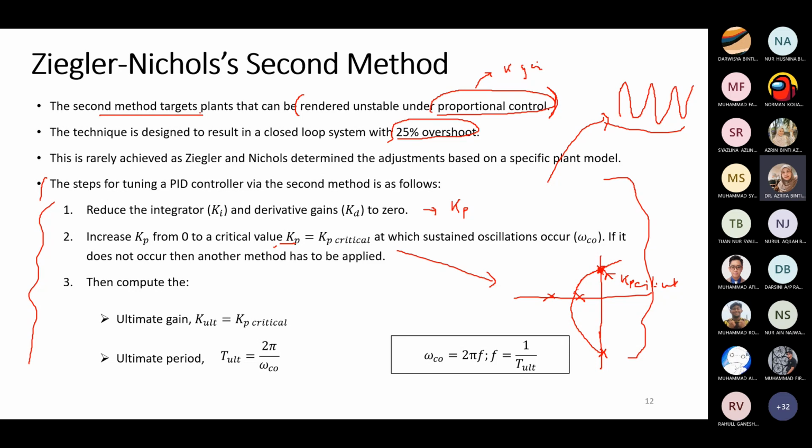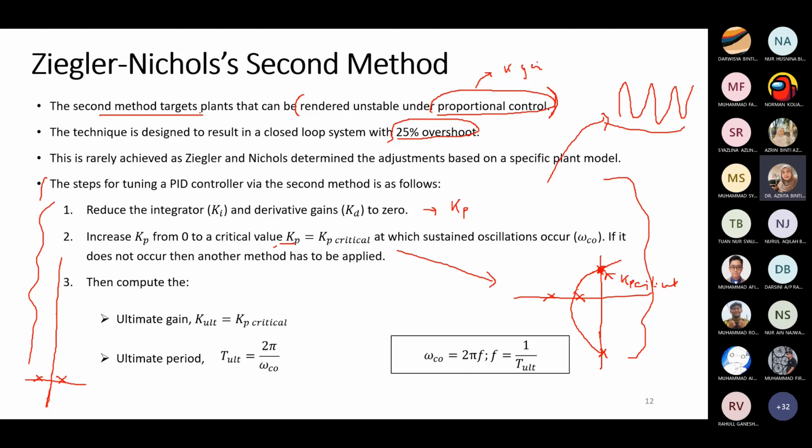So if you have a pure second order system, the root locus will become like this. It goes to infinity. So our closed loop pole didn't cross the imaginary axis for this system. So the Ziegler-Nichols second method is not suitable to design your PID controller. You need to use another method such as the root locus method. Okay.